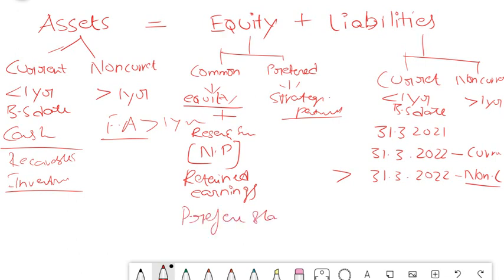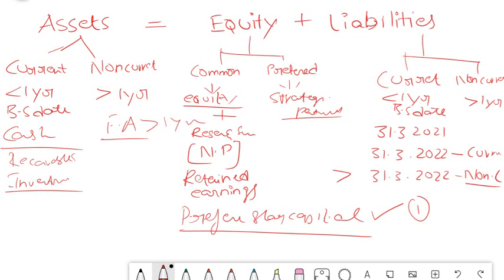Preference share capital is also the same as your equity share capital, friends. As the name itself suggests, at the time of liquidating the company, these people will get the first preference. That means preference share capital holders get the upper hand on the assets remaining.